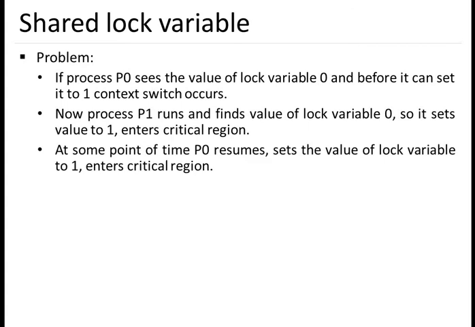Now what happened? At some point of time, P0 resumes, sets the value of the lock variable to 1 and enters the critical region. Boom. What happened? In the critical section right now there are 2 processes at the same time. That means this solution does not provide mutual exclusion.